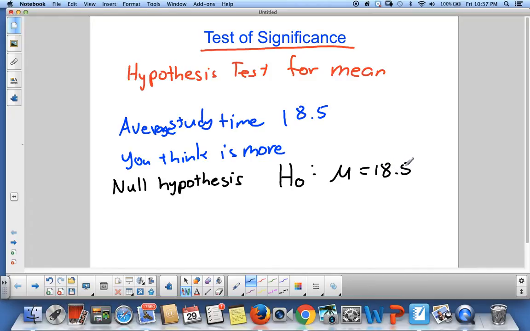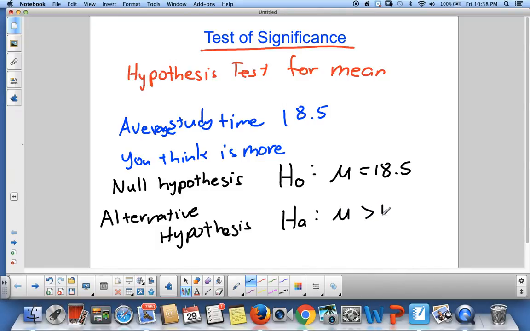So we start with that as our premise. And then our alternative is what we're going to try to show. The alternative hypothesis is HA, and that's that the mean is greater than 18.5.